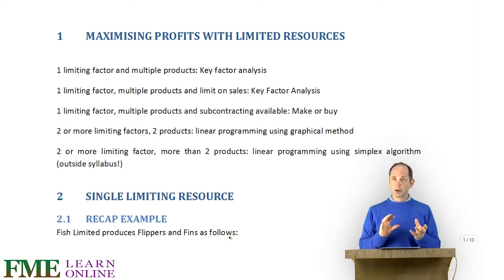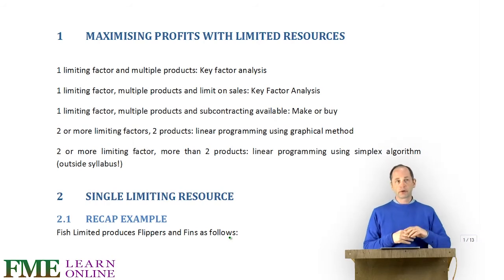Of course, remember that when we try to maximise profits, what we actually do is maximise the contribution and leave the fixed costs out of it, because what we're going to be continually doing is saying, I'll do one more of that product, one more of that product, and what we don't want to be doing is assuming that the fixed costs are increasing. It's only the variable costs and the sales revenue increasing, so it's just the contribution which we look at. But by maximising the contribution, we will maximise the profits as well.